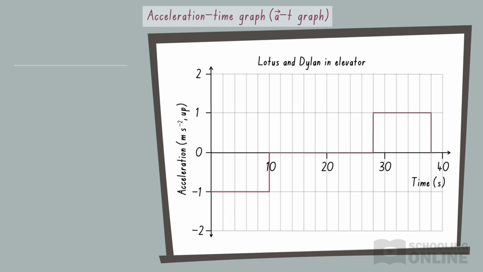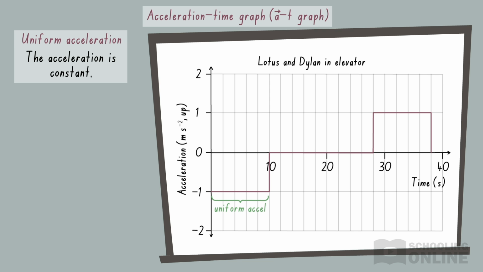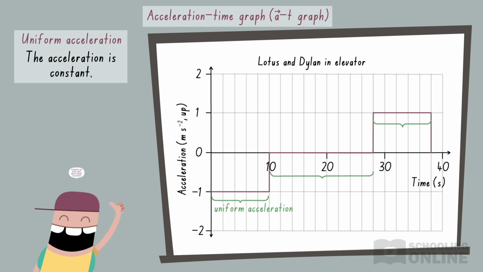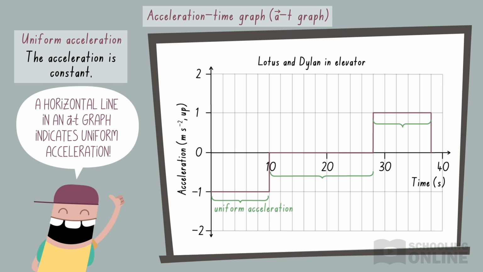In the first phase, the acceleration remains constant at -1 metre per second squared, so this interval is an example of uniform acceleration. In the same way, the acceleration is constant within the second and third parts. In general, if a section of an acceleration time graph is a horizontal line, then the object undergoes uniform acceleration.